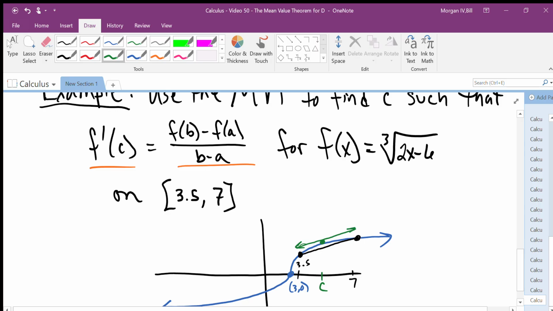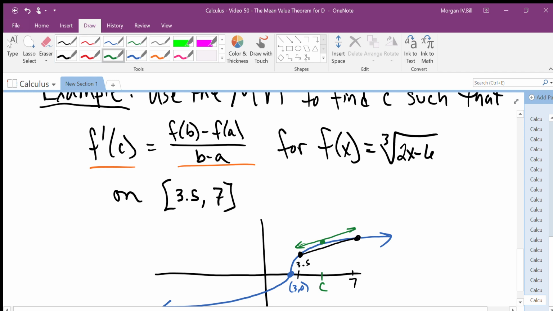A cubed root function is continuous as long as what's inside is also continuous, which 2x minus 6 is. It's nicely differentiable. You could take the derivative of (2x minus 6) to the 1/3 power for almost every value of x. There's actually one that it won't work for.